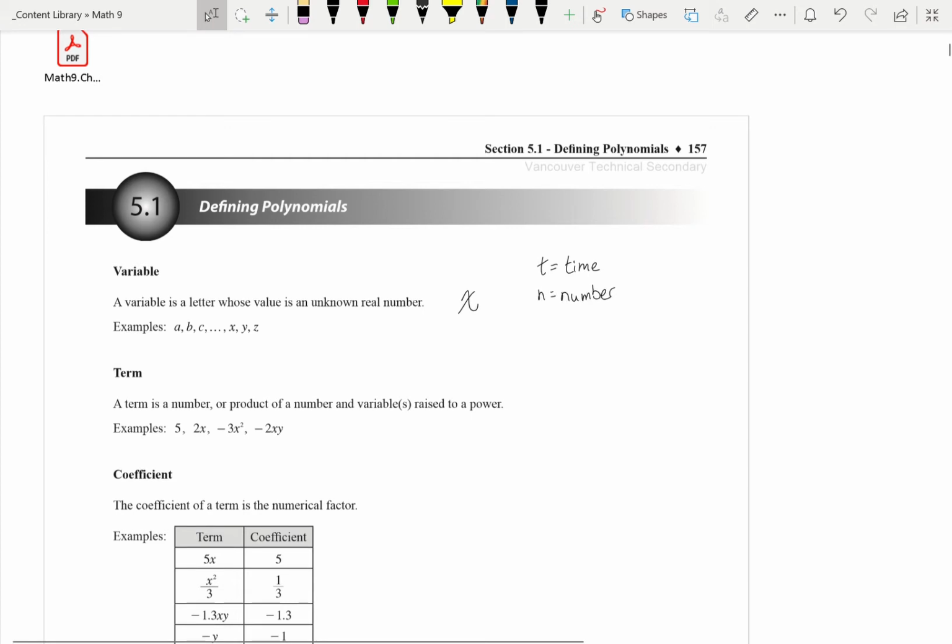If we're counting something, we might use the letter n. X, Y, and Z are good coordinate axes to show position. But the key takeaway is a variable is just a letter that represents something real or something that we want to measure, but we don't necessarily know the number, or the number can change depending on how we're looking at something.